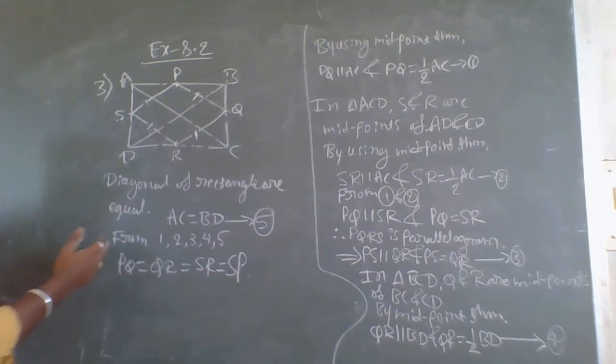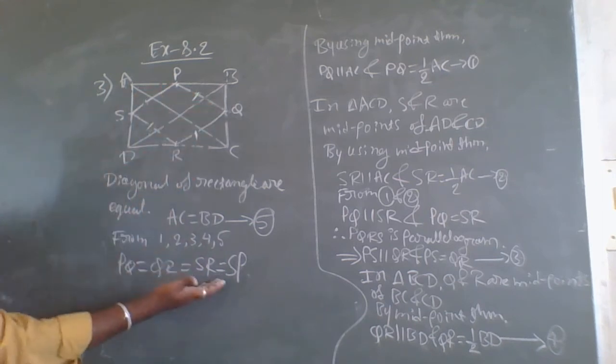Therefore, from 1 to 5, all the sides are equal.